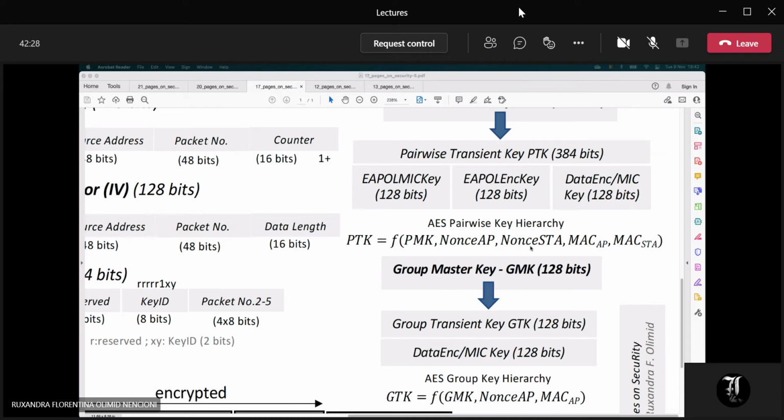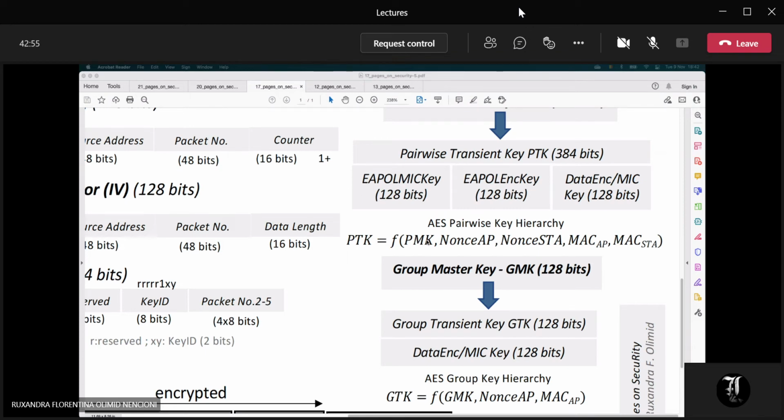If the station also has a problem, and the nonce of the station is also poor, then yes, I have a problem, because overall I will not have enough randomization. But otherwise, this is the role of using both: both entities select their own nonces to protect themselves if you don't trust the other to generate good nonces.